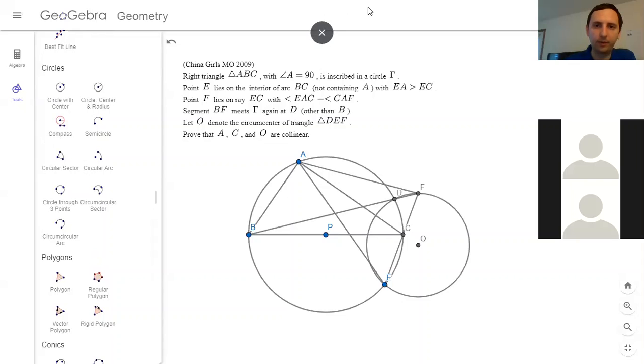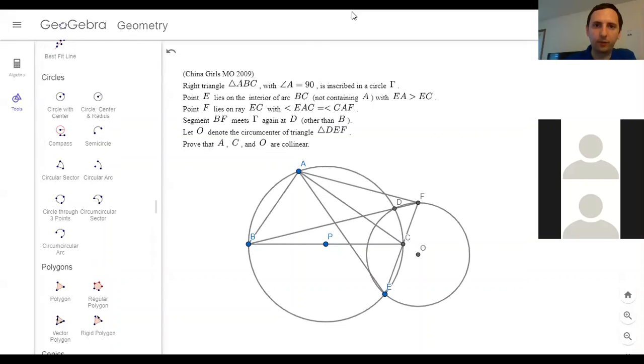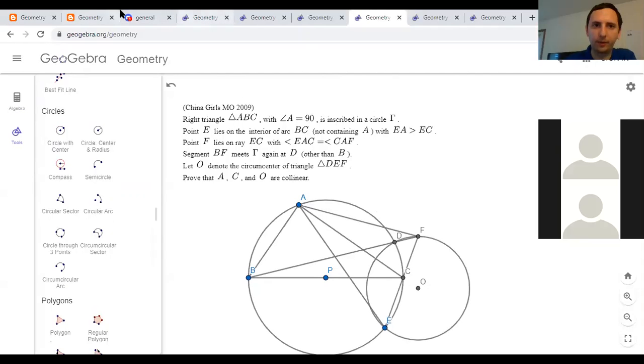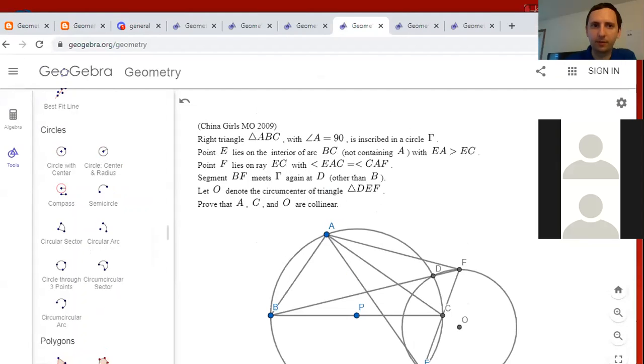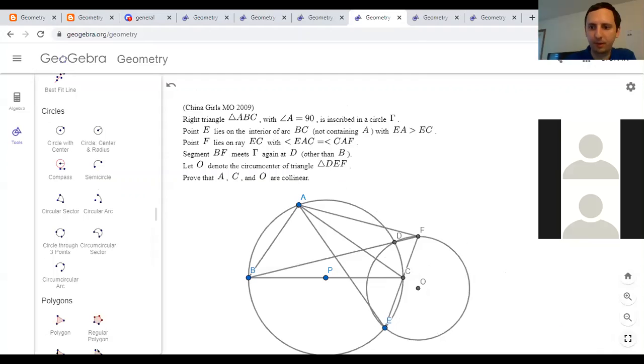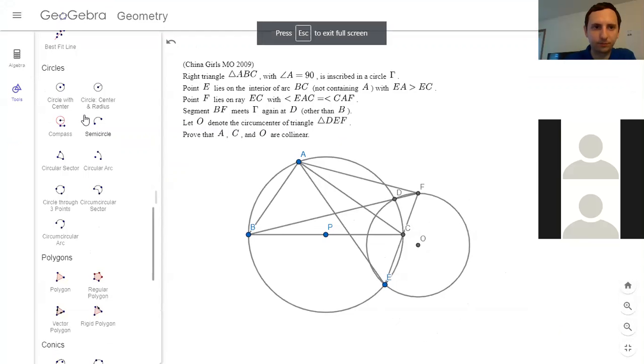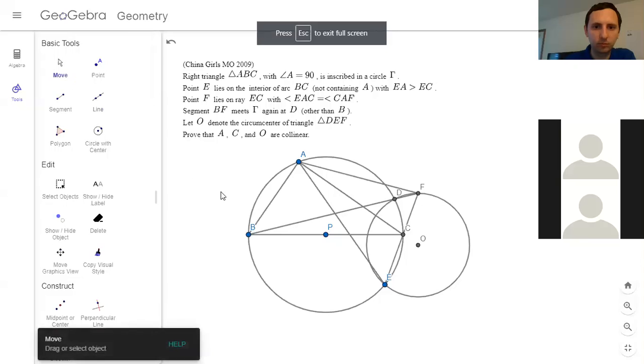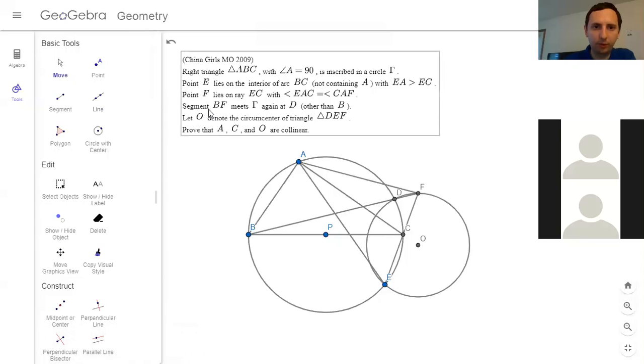Sorry, I just heard someone chat on Discord. Let me check. Give me just a second. You know what? I'll go check it later. So we want to show AC and O are collinear.